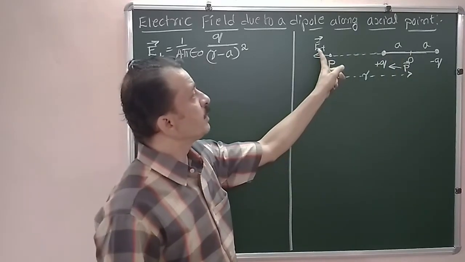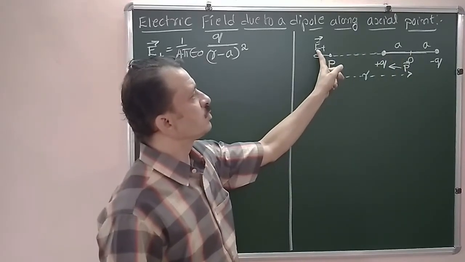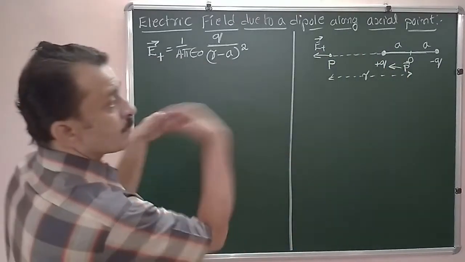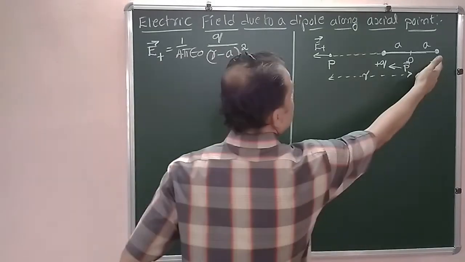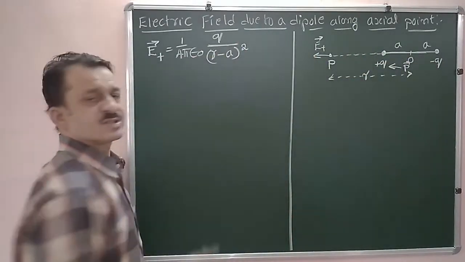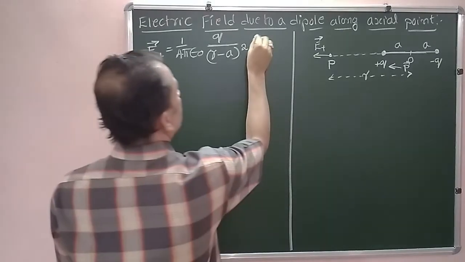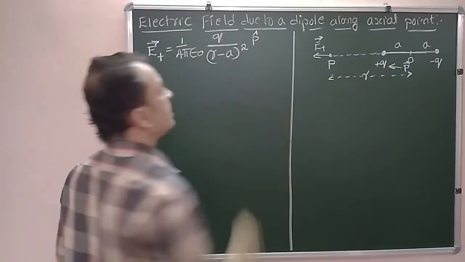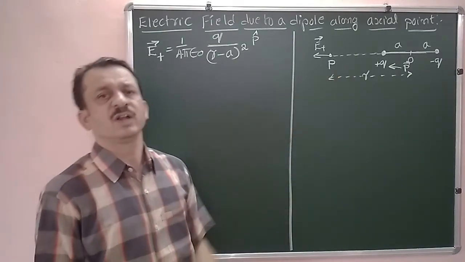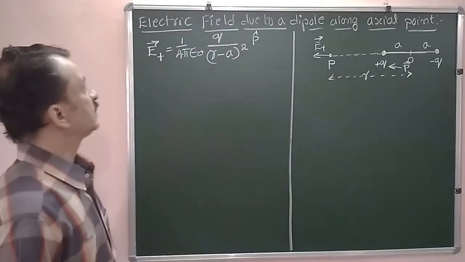We are comparing the direction of the electric field due to the positive charge with respect to the dipole moment. They are parallel. The dipole moment is along the same direction and the electric field due to the positive charge is along the same direction. Therefore here we will write P cap. P cap is a unit vector in the direction of the dipole moment.